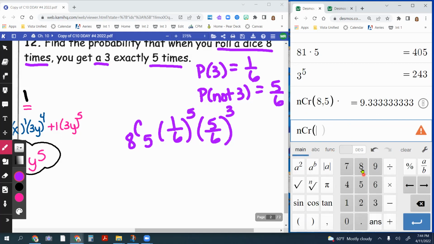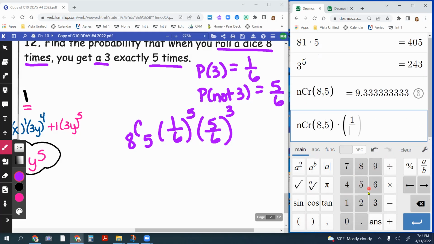So it's going to be 8 choose 5 times 1/6 raised to the 5th.